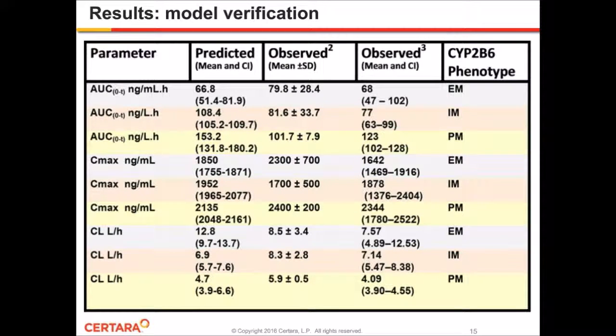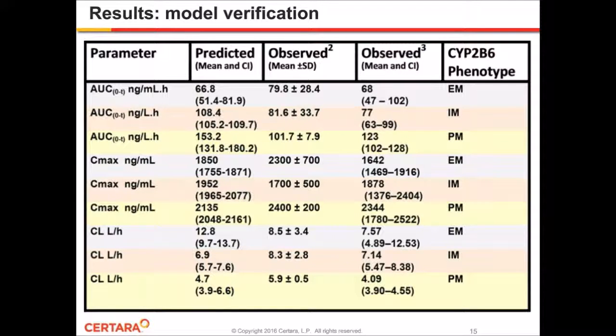Using the concentration profiles that we've just seen, we also looked at the parameters associated with them, the PK parameters, that is the AUC, the Cmax, and the clearance. And we've compared the predicted parameters with those obtained in 2 other clinical studies. And there again, you'll see that there's a fairly good recovery of the observed data.